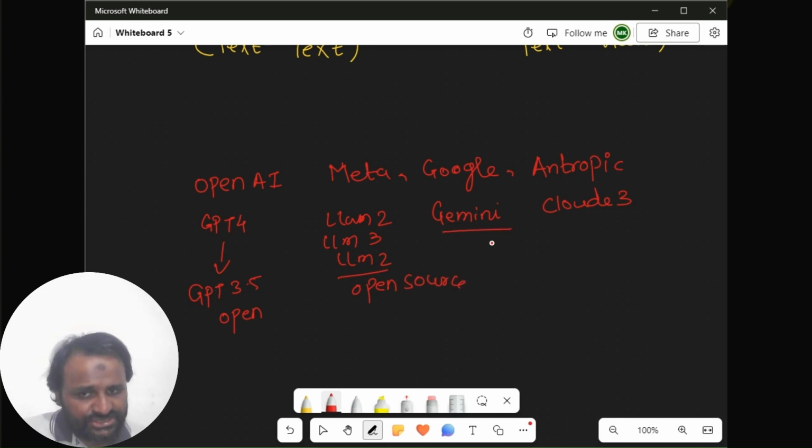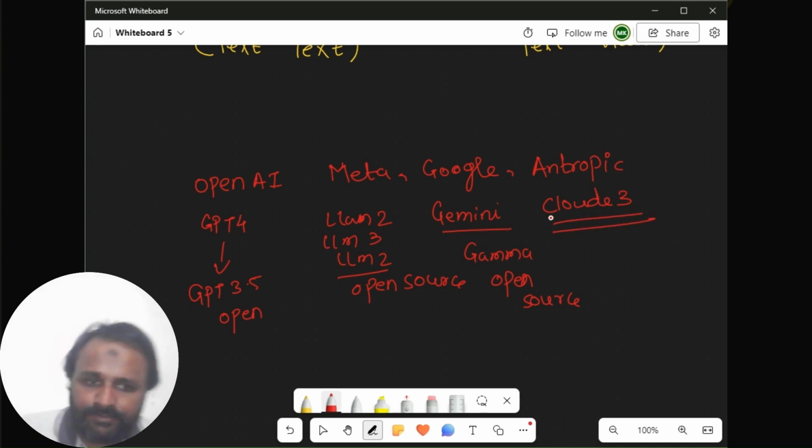There is Gemini Pro also available, but Gemma is the open source one from Google. Claude 3 is not open source. They will come soon with an open source model.